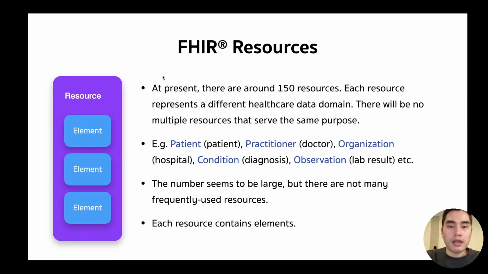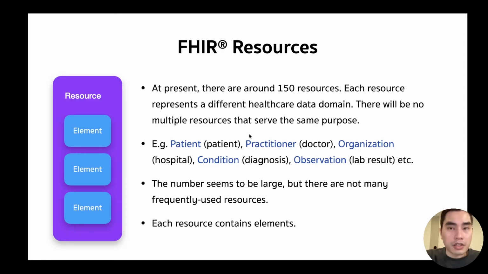At present, there are around 150 resources. Each resource represents a different healthcare data domain, but there will be no multiple resources that serve the same purpose. For example, we use the Patient resource to represent the patient data.